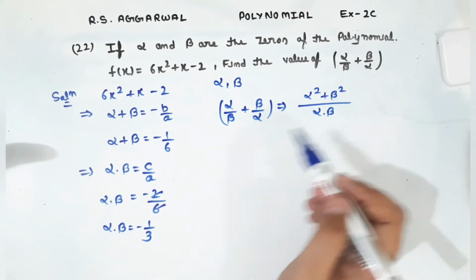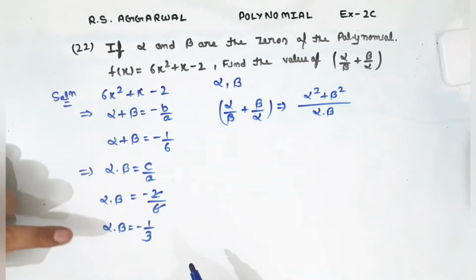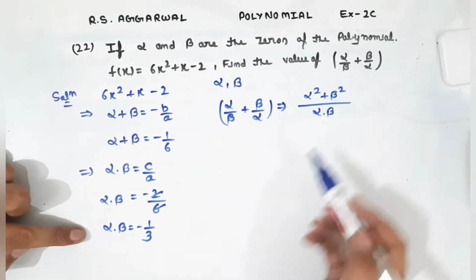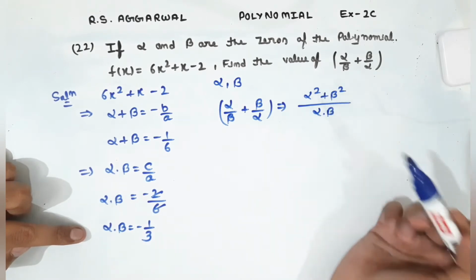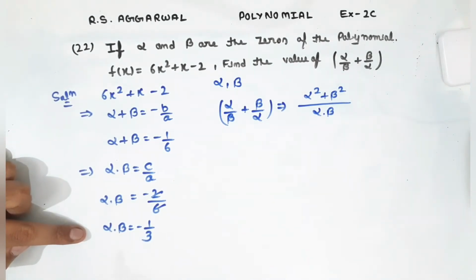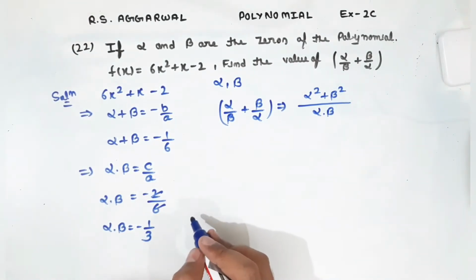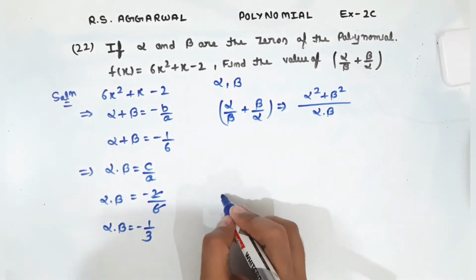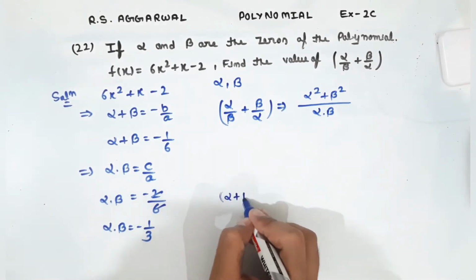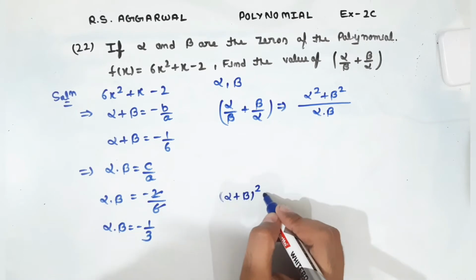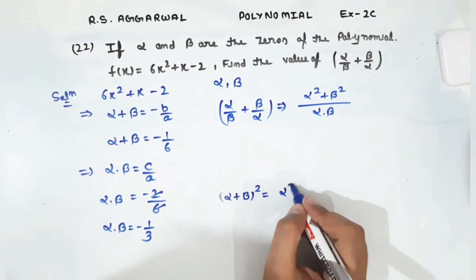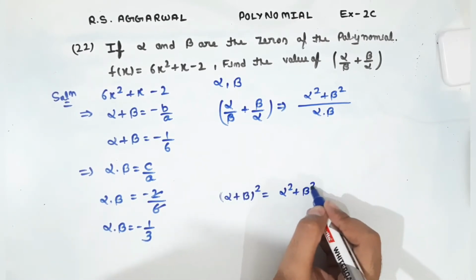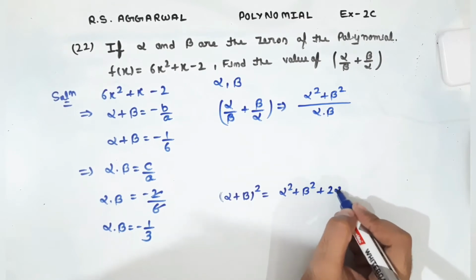So with the help of alpha plus beta and alpha into beta, we will find the value of alpha square plus beta square. We know that alpha plus beta whole square is equal to alpha square plus beta square plus 2 alpha beta.